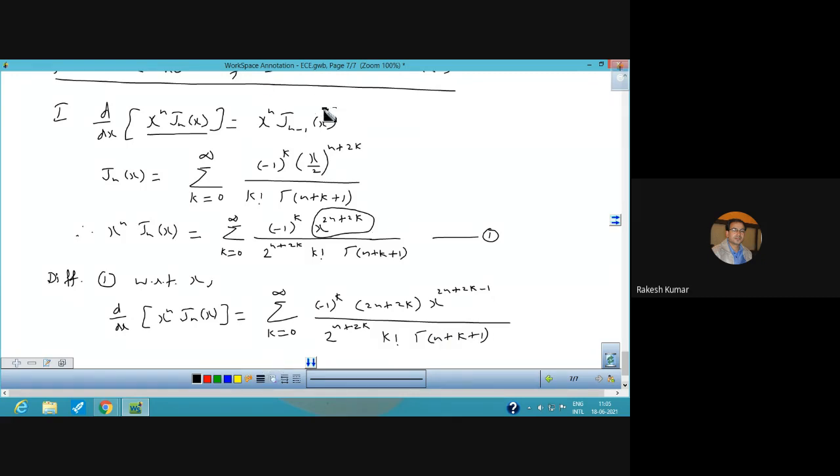Now we require this right hand side, and in the right hand side we have x raised to power n separately.